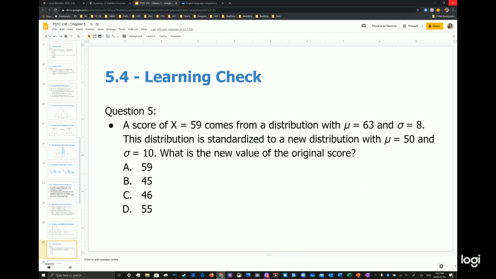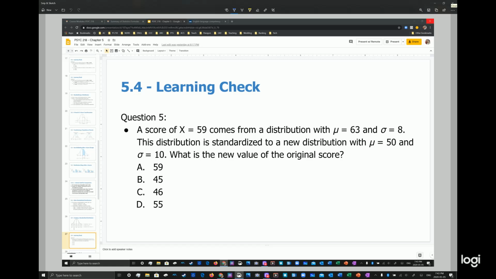So here's a learning check. Standardization then, in this case, remember, is first transforming the original score into z-scores, and then transforming the z-scores into a new standardized set of scores. That is specifically a new mu and a new sigma. So here's the first question as a learning check. A score of x equals 59 comes from a distribution, and these are original scores at this point, where mu is 63 and sigma is 8.